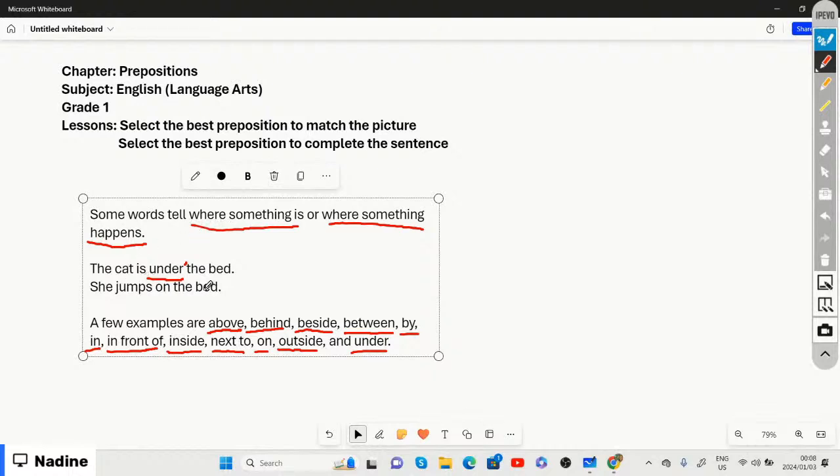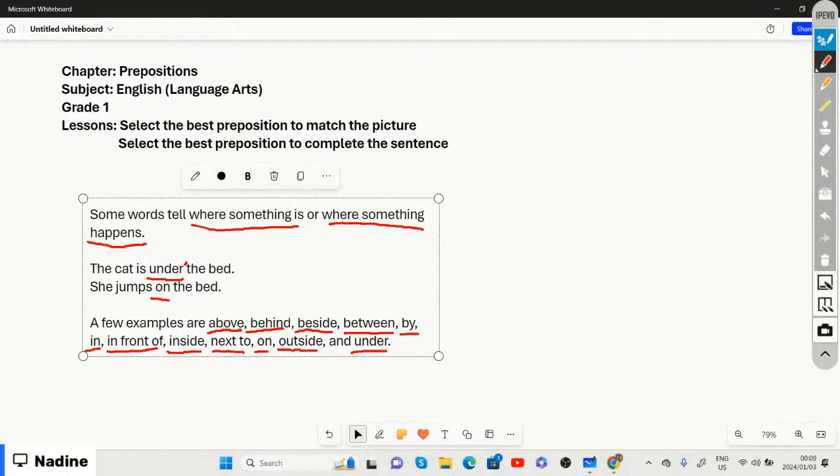She jumps on the bed. So where is she jumping? If we ask ourselves where is she jumping or where is it happening, then we can say it is on the bed.